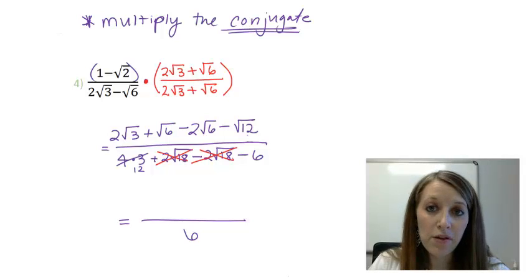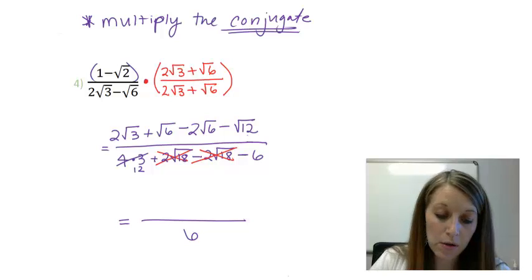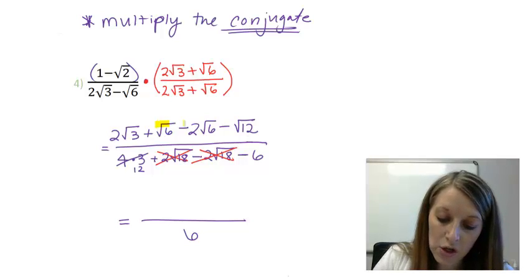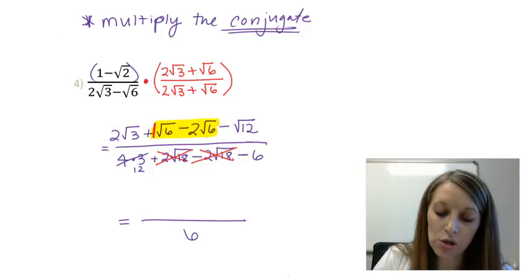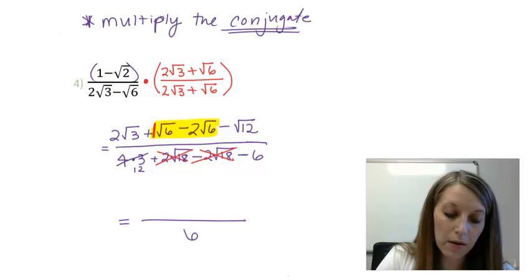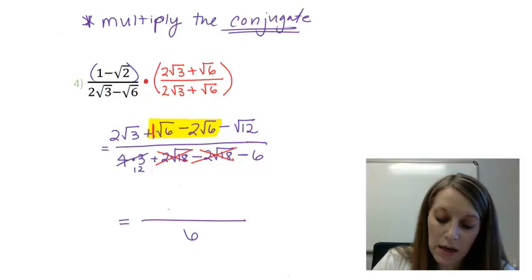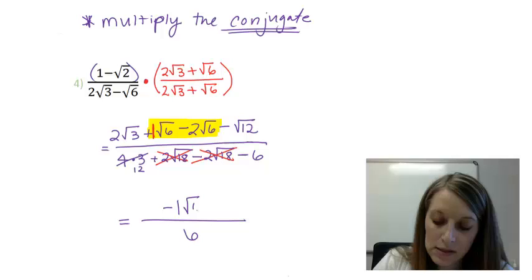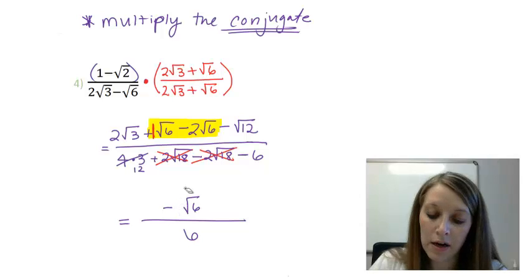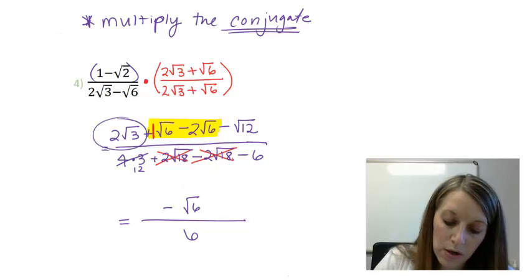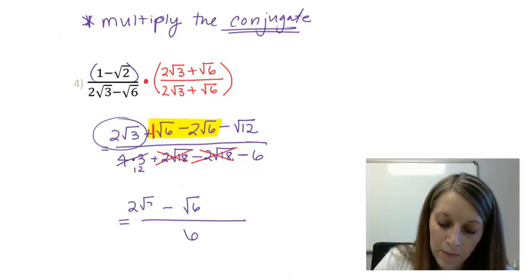I want to simplify this as far as possible. So I have like terms in the middle, which I can combine. This is a 1 root 6 minus 2 root 6, which gives me a negative 1 root 6. But most of the time we don't write a 1 in front, so I will eliminate it there. I have this 2 root 3 in front, so let me just copy it down.